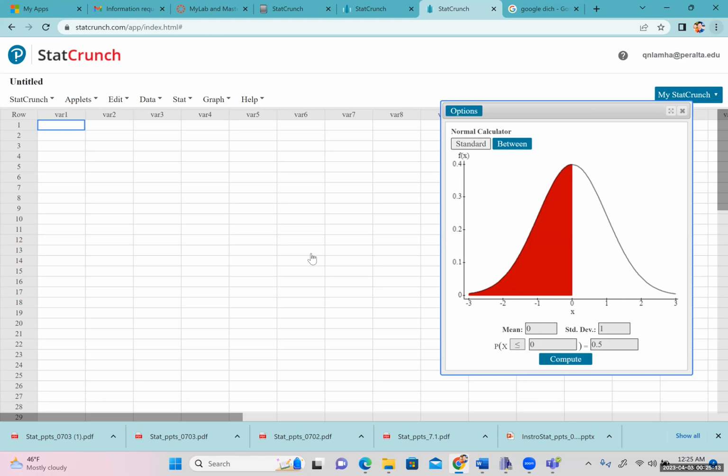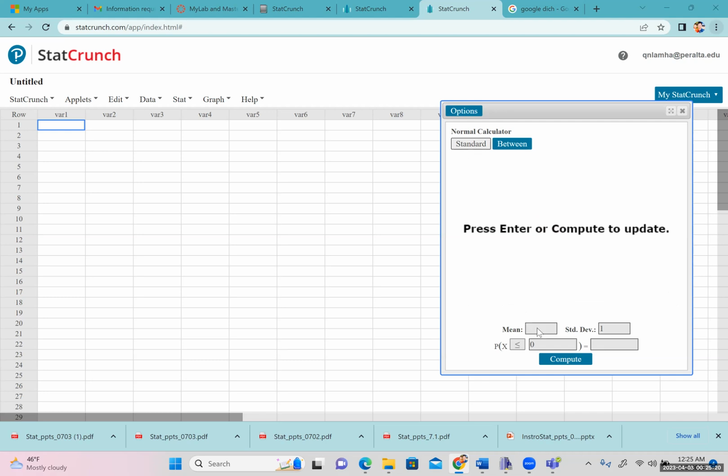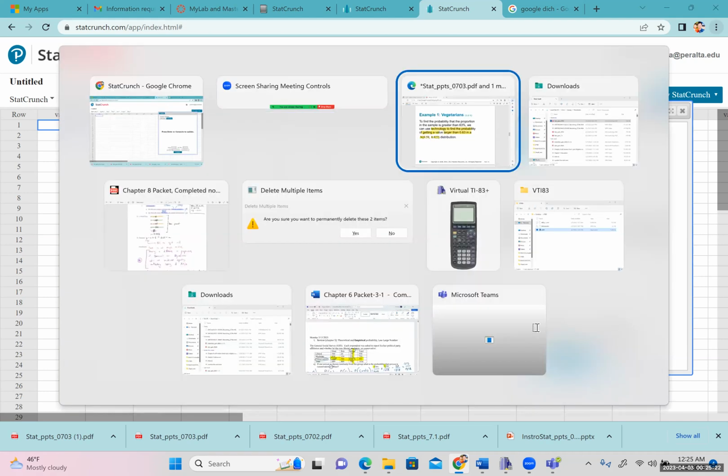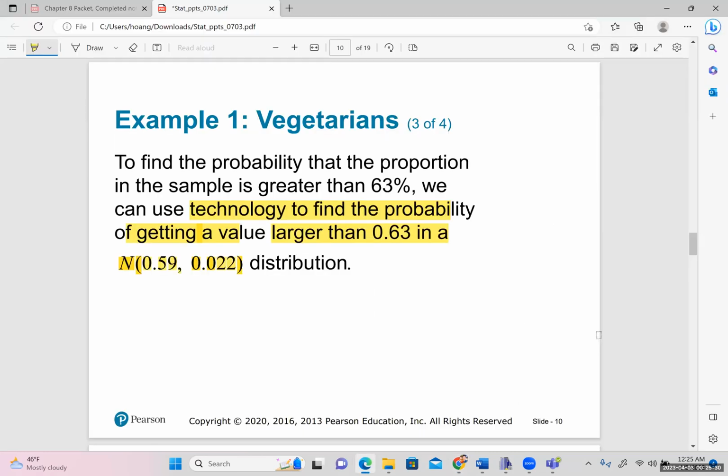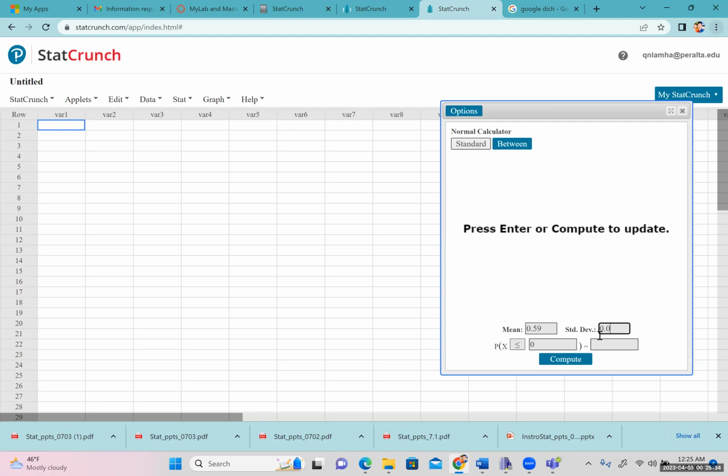Then you have to change the mean to 0.59, and the standard deviation to 0.022, which is the standard error.